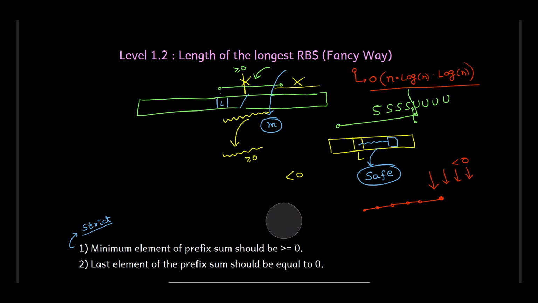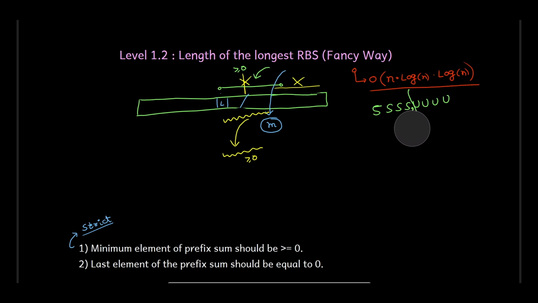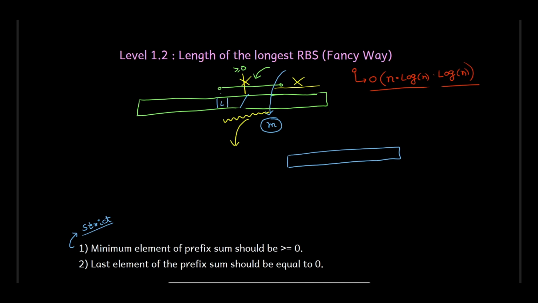But then we still have to solve the second part of the problem. Sure, with binary search you can figure out what the unsafe index is, right?